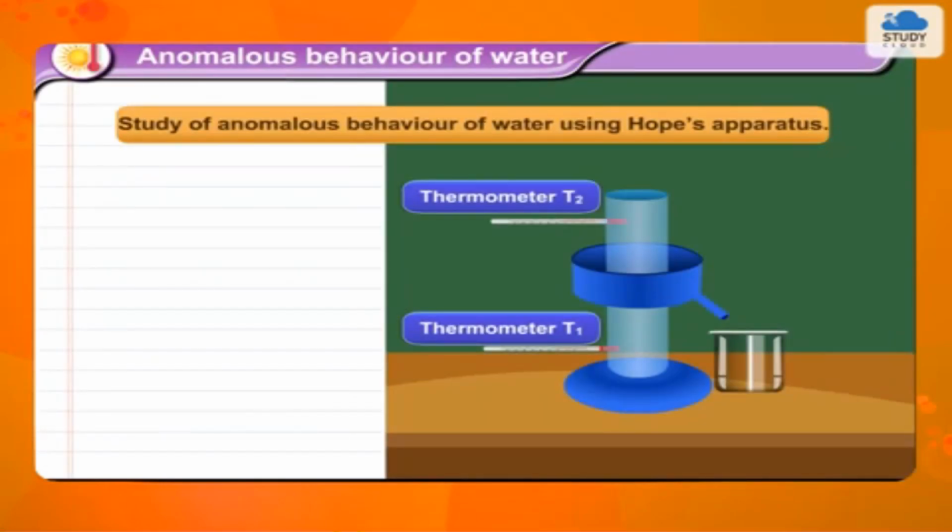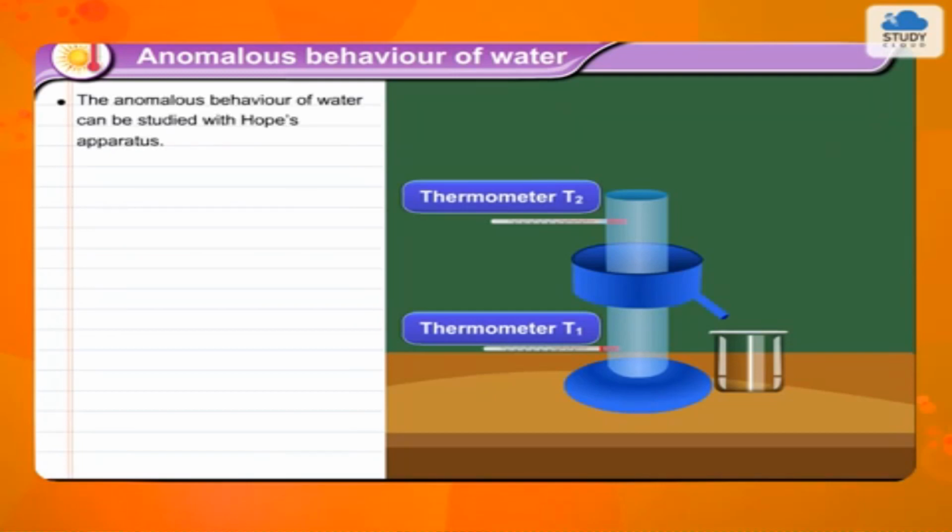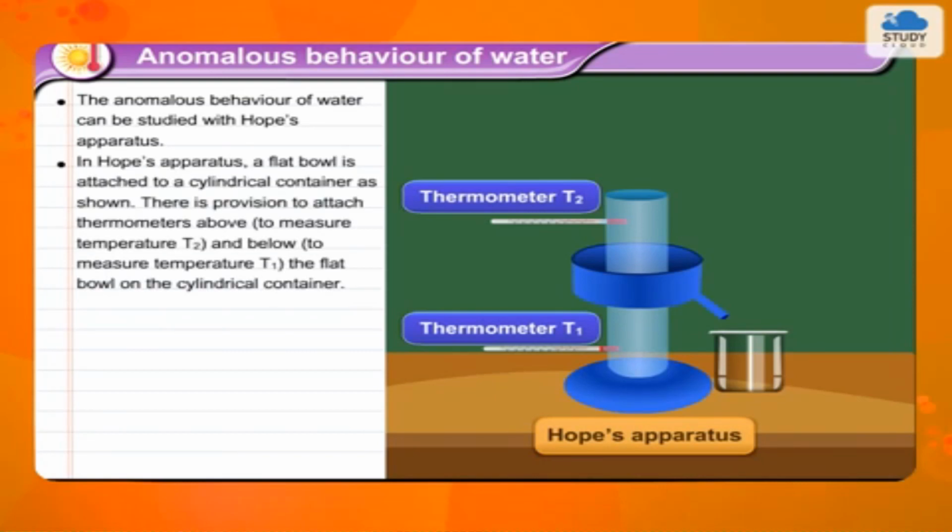Study of anomalous behavior of water using Hope's apparatus. The anomalous behavior of water can be studied with Hope's apparatus. In Hope's apparatus, a flat bowl is attached to a cylindrical container as shown. There is provision to attach thermometers above to measure temperature T2 and below to measure temperature T1.